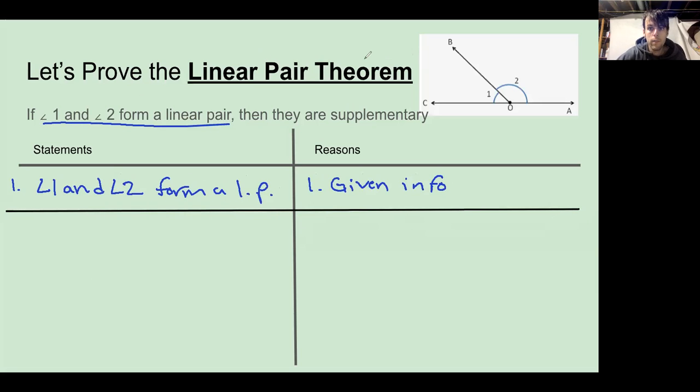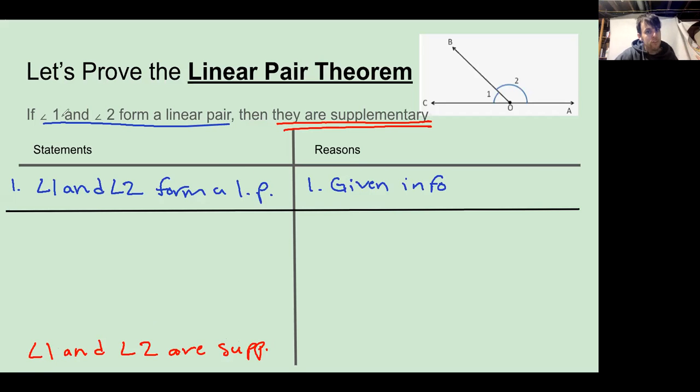All right. The other thing I like to do with proofs is I know where it needs to end. Something about this needs to be my last statement of my proof. So they are supplementary, meaning angle 1 and angle 2 are supplementary.